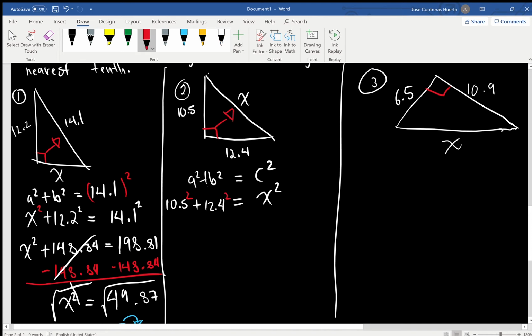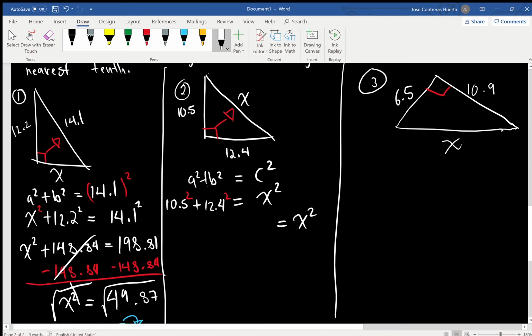And then from here, we just go ahead and square them and then add them. So let's leave some space because it's likely going to be a little bit longer. So x squared is going to be on the right hand side. Notice that my x squared in this case is on the right and not on the left.